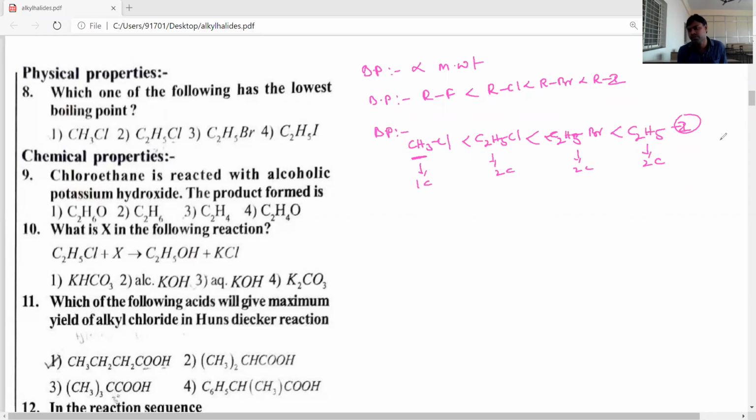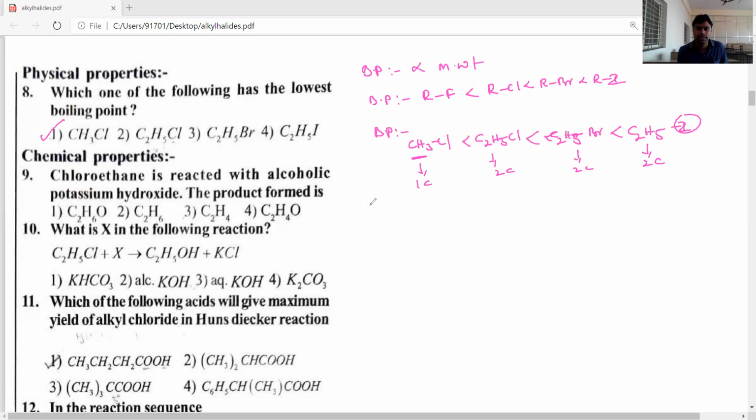Due to the presence of iodine, more molecular weight is present compared to bromides and chlorides. But methyl chloride has less molecular weight compared to ethyl chloride. So methyl chloride has the lowest boiling point. So the answer is the first one.